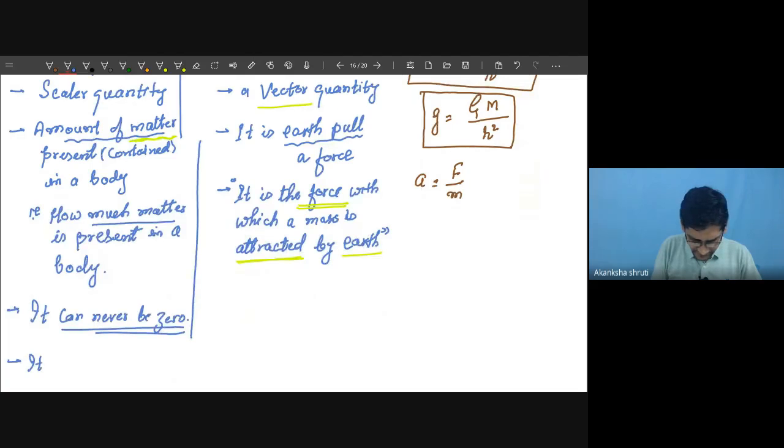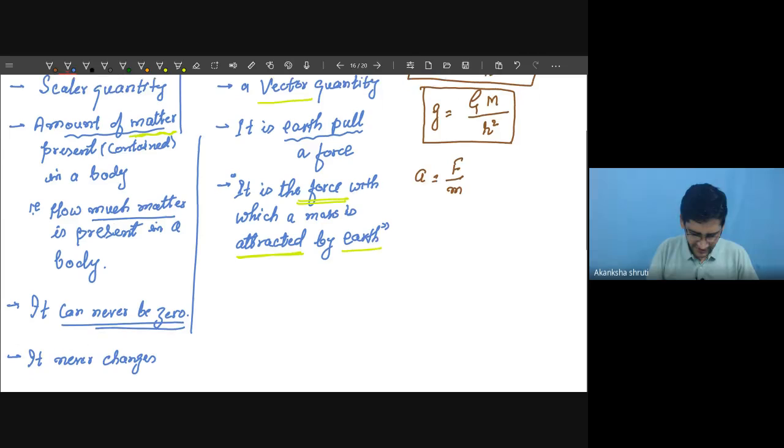It never changes from planet to planet or space.